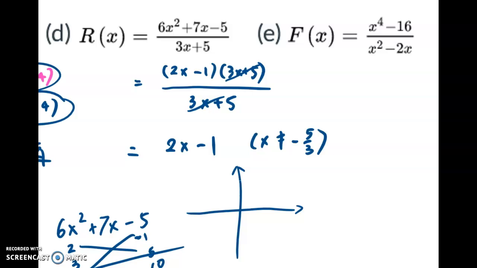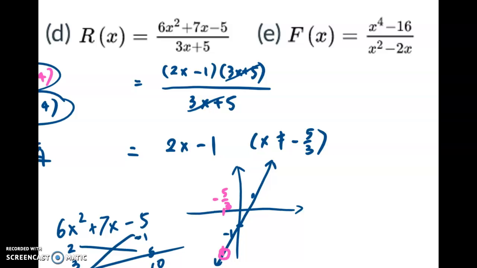We can say there is an oblique asymptote, which is the line, right? So it's negative 1 here, go up 2 over 1. So the graph of this function is just this line, but you have to exclude the point x equals negative 5 over 3. So there's a hole in the graph at negative 5 over 3.